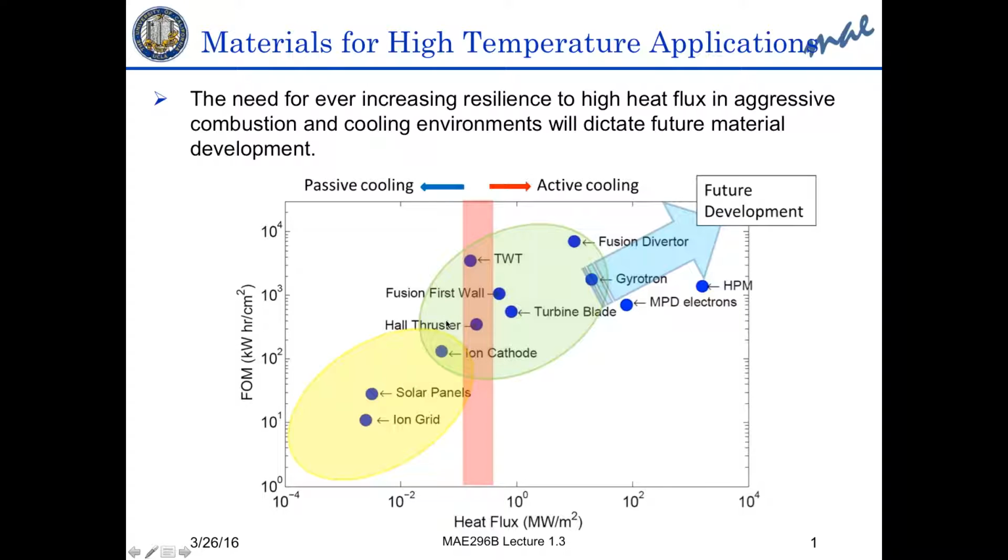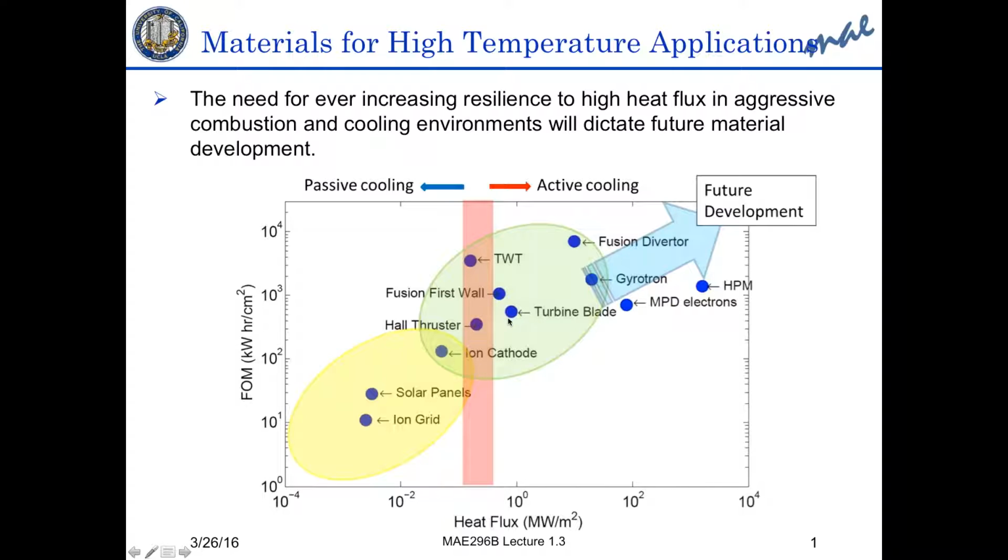But something like a Hall thruster, which is also for space propulsion, falls in between. Some designs can be cooled passively if the Hall thruster power is low, or if the power is high, then it has to be cooled actively.